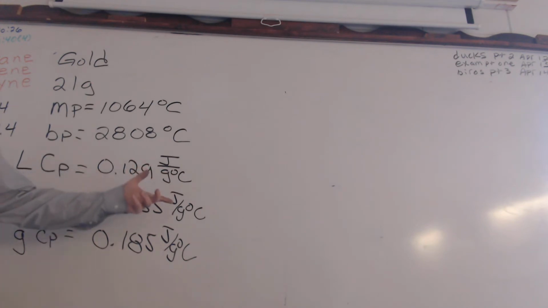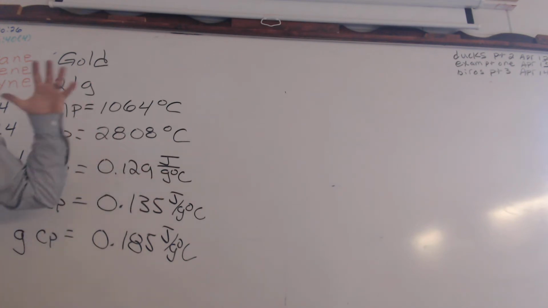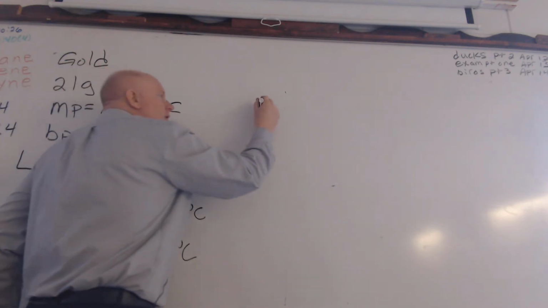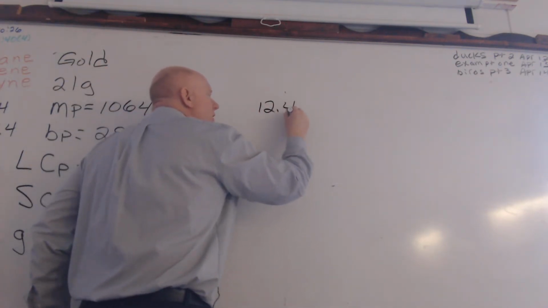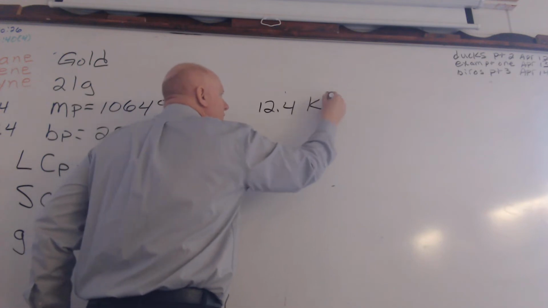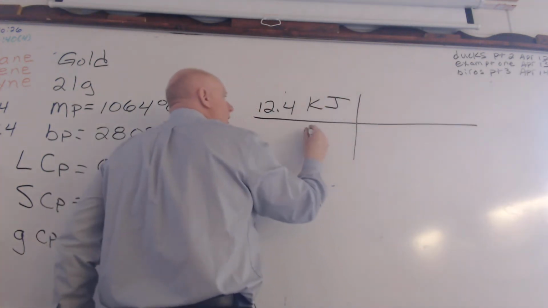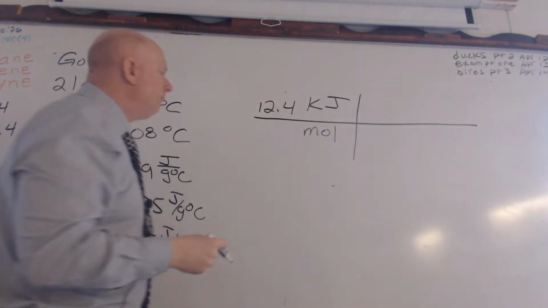They're joules. So we want to get that kilojoule per mole into a joule per gram. So 12.4, this is a known substance, so 12.4 kilojoules for every mole.